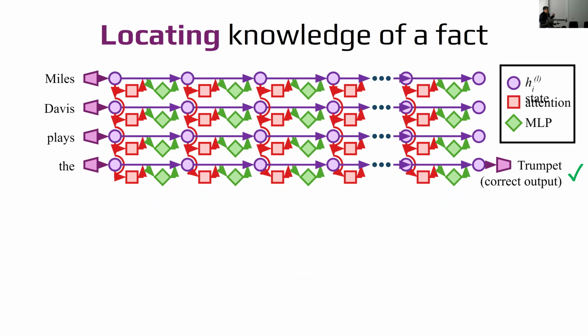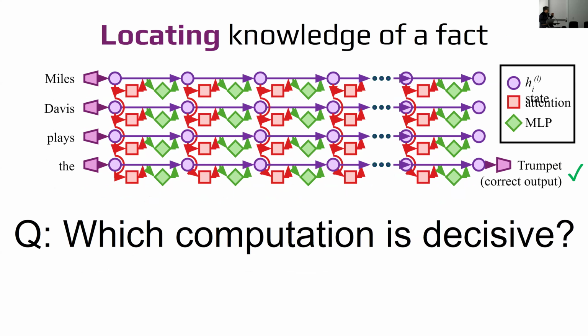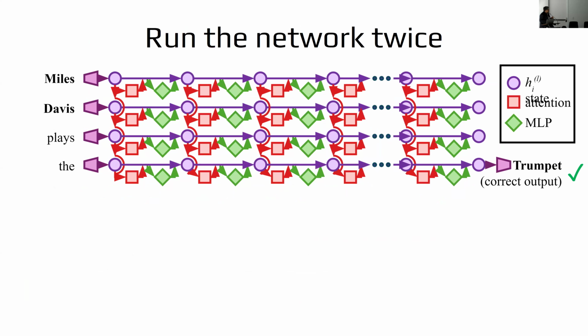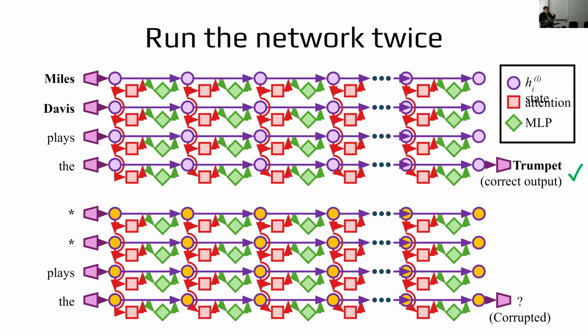To locate knowledge of a fact, you can use a method that we call causal mediation analysis. The way it basically works is you run the network twice. The second time, you mess up the input. You can think of this as like a disease condition where the network is set up in a way where it can't resolve the fact or the knowledge that you hope it to know.